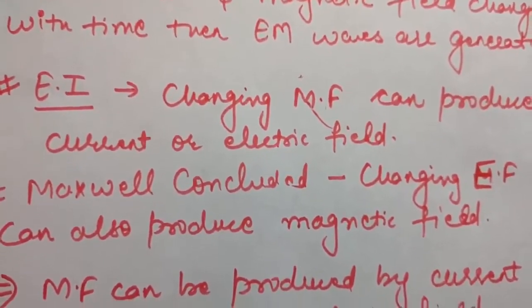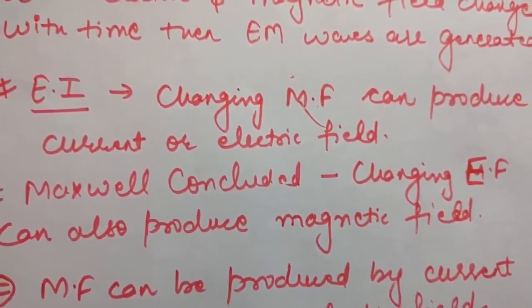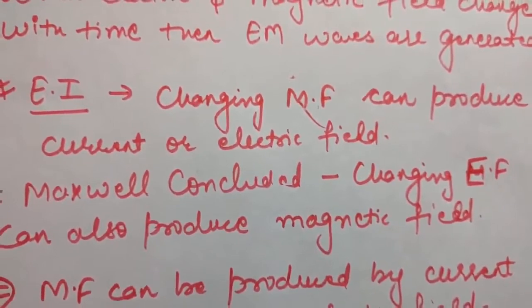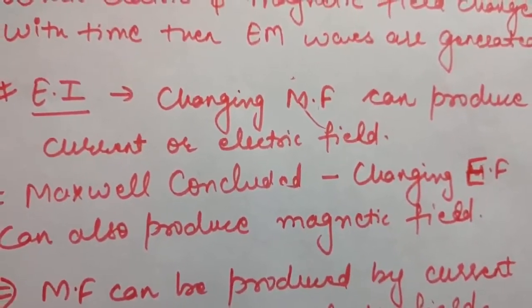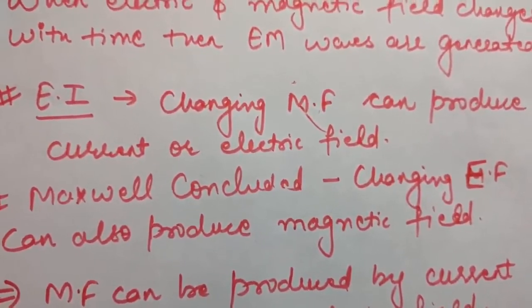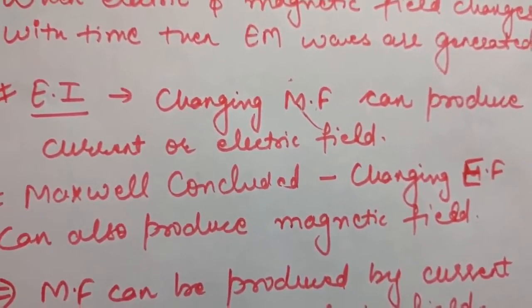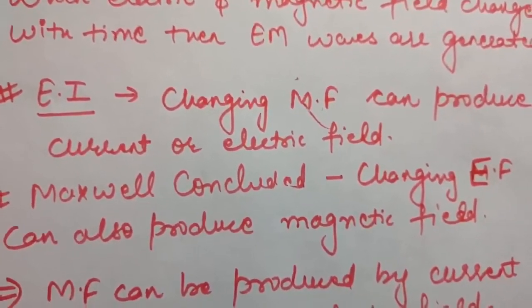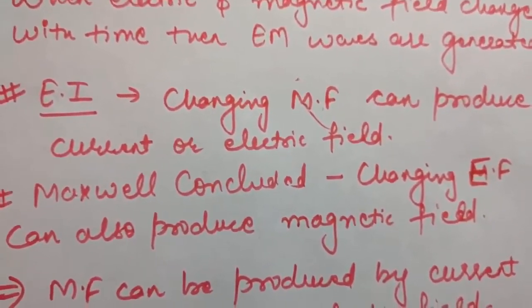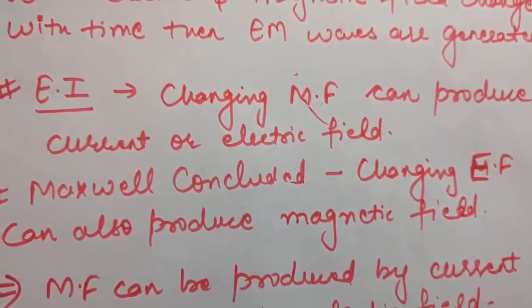So from that he concluded that Ampere's law is wrong, that is, it is not proper. There is something missing in Ampere's law. So he concluded that Ampere's law is only valid for conduction current, but there is one more current which is called displacement current, which we will be studying in the next topic only.